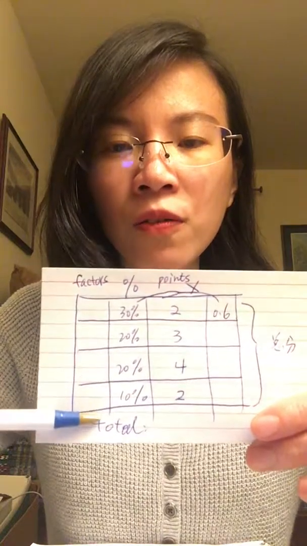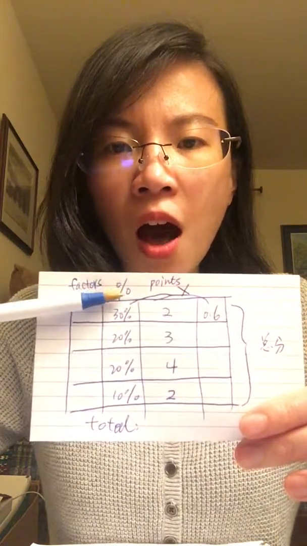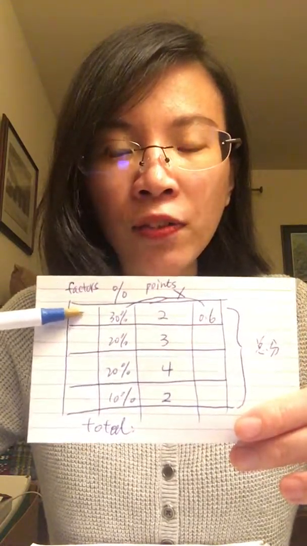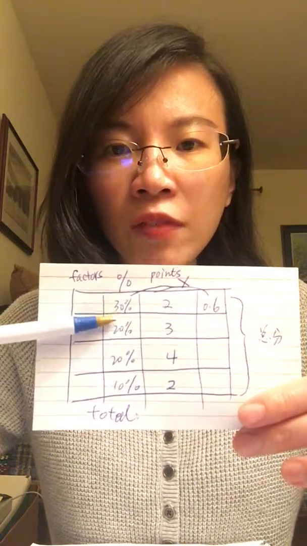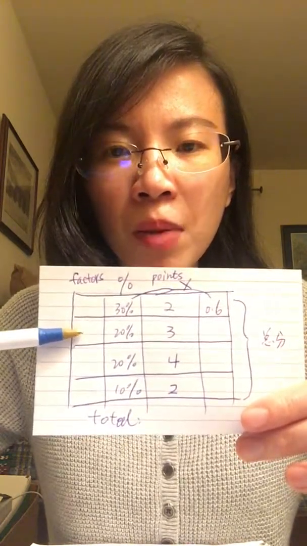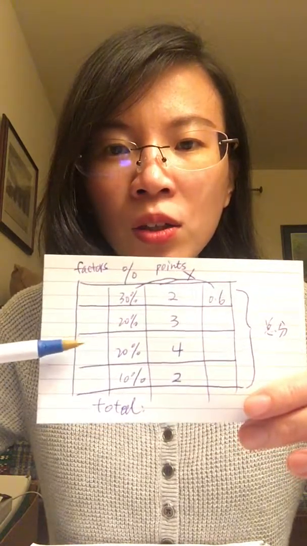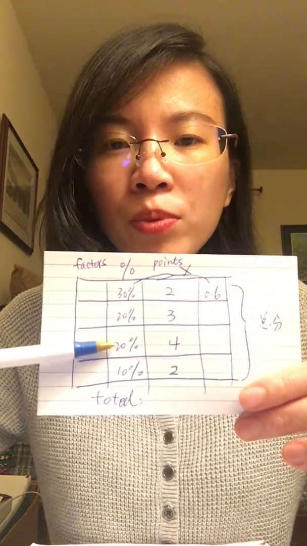We call this column the factor. The second column is called the percentage. Let's say cash flow is about 30% of the importance and urgency for the company. Finding the right people is about 20% of the whole picture. And using the right tools is about 20% of solving the whole problem.